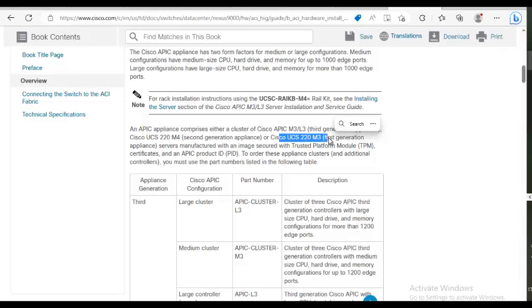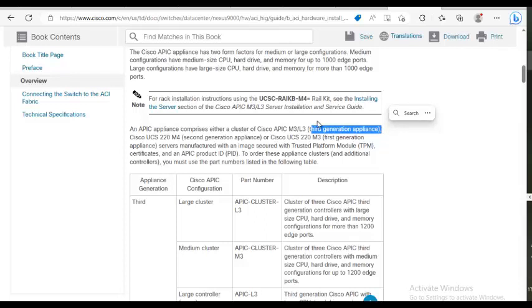This is what I meant actually. I said first generation is M3. What I meant is this UCS server. First generation is M3. Second generation is M4. And third generation, I said M5, it is not mentioned here. That's the M5 version of UCS 220.